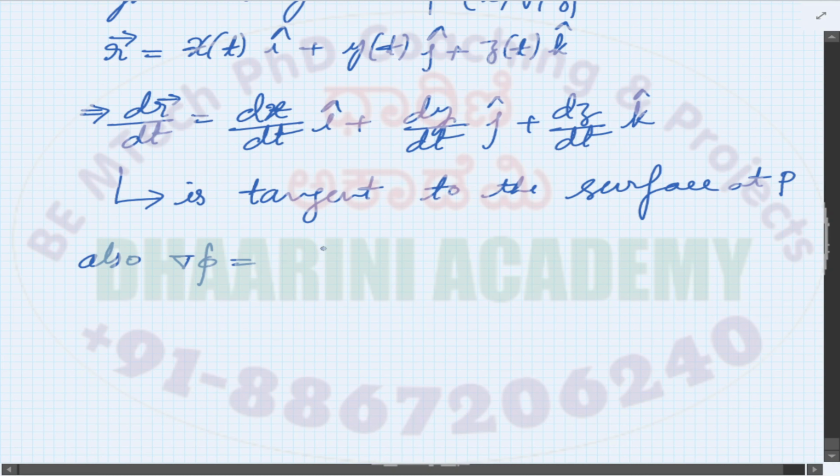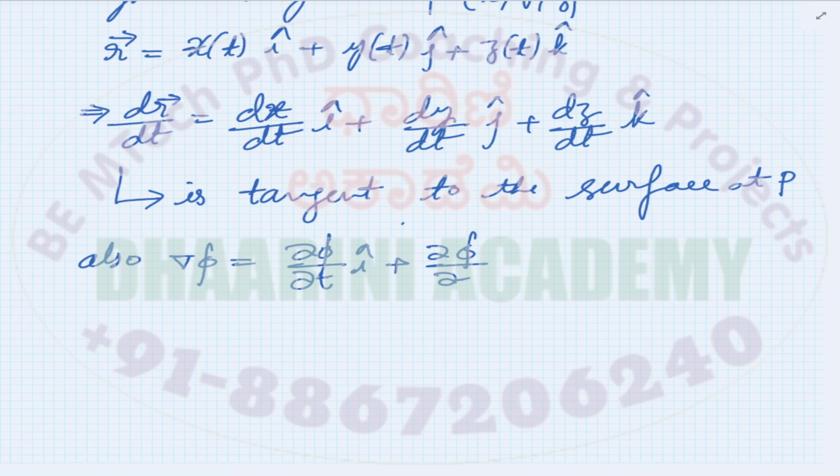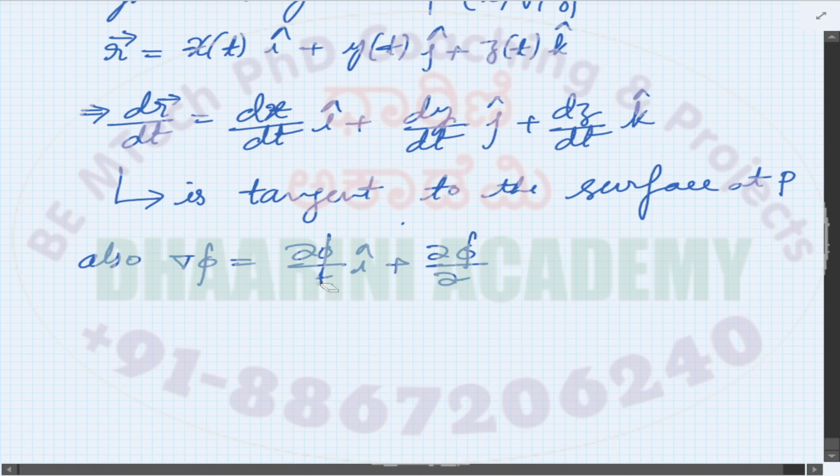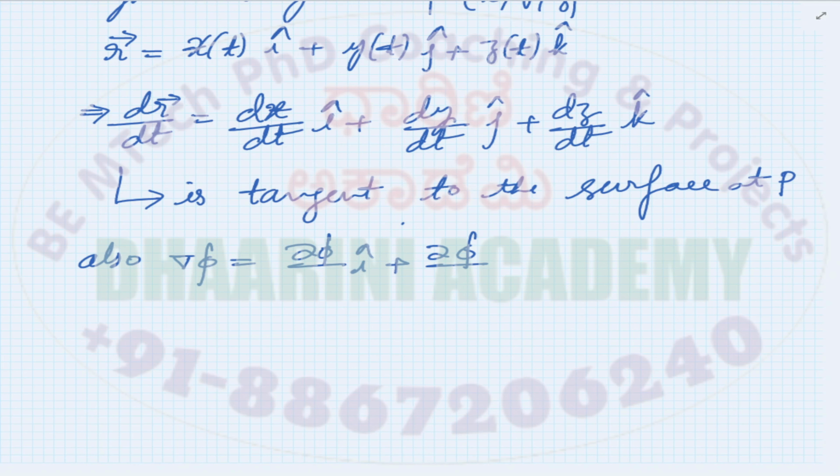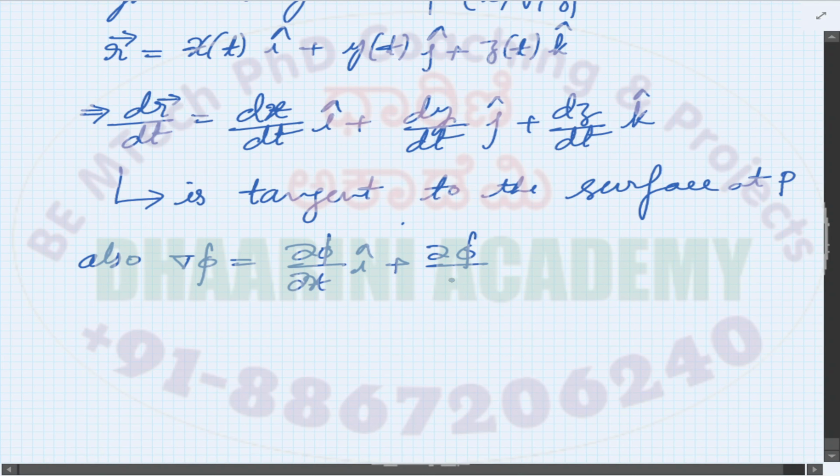Del phi is dou phi by dou x into i cap, dou phi by dou y into j cap, plus dou phi by dou z into k cap.